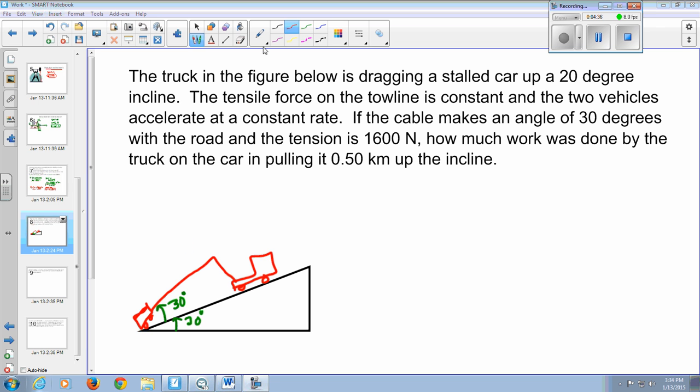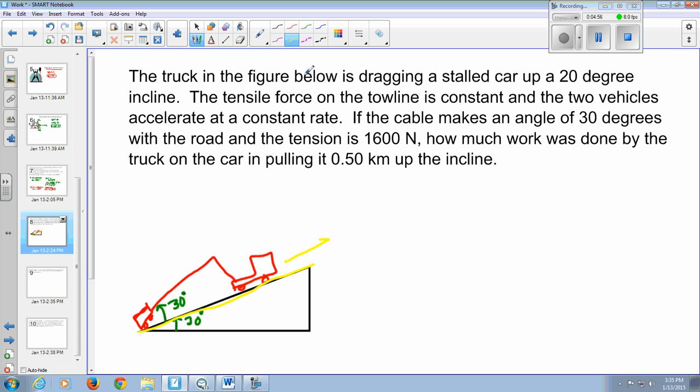Here's the road, the yellow line. It turns out in this problem we don't really care about the 20 degrees, because we're displacing up the hill.